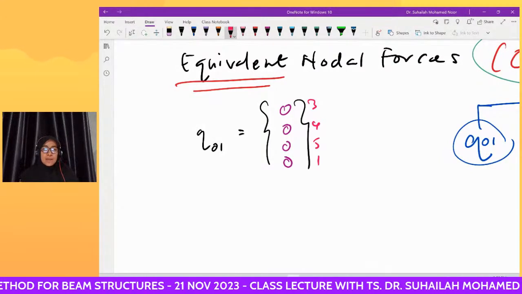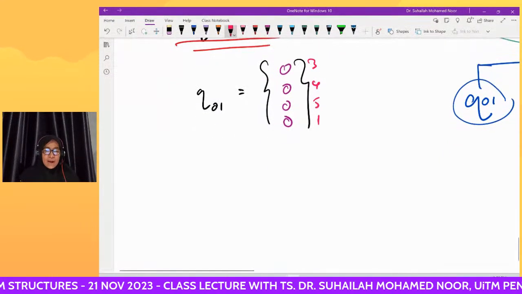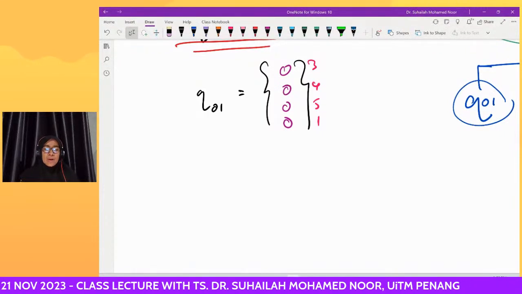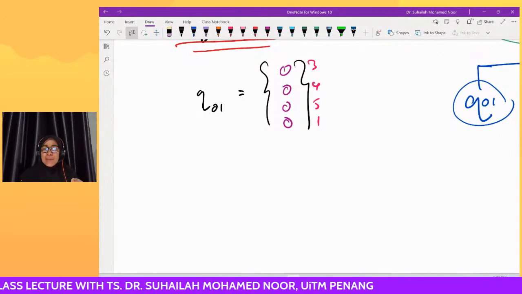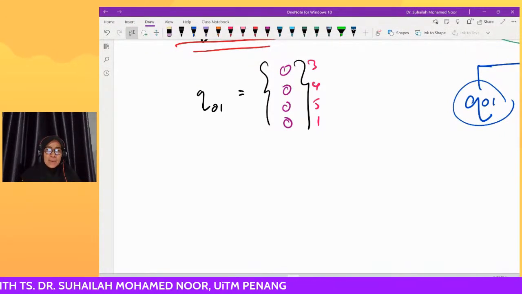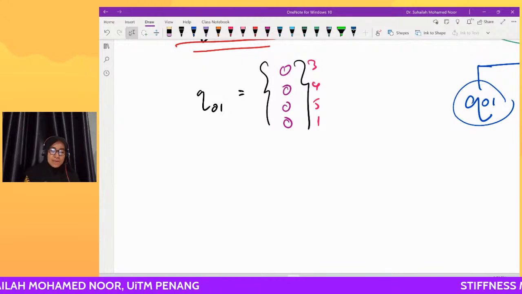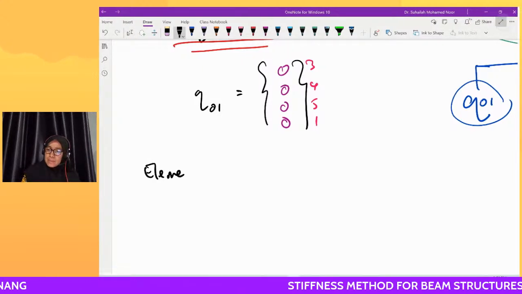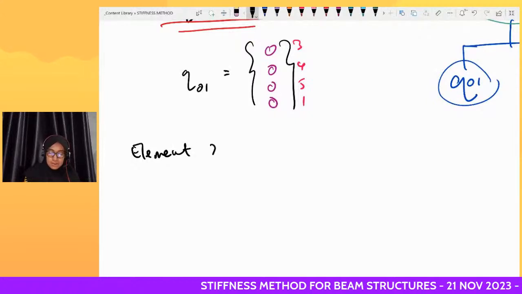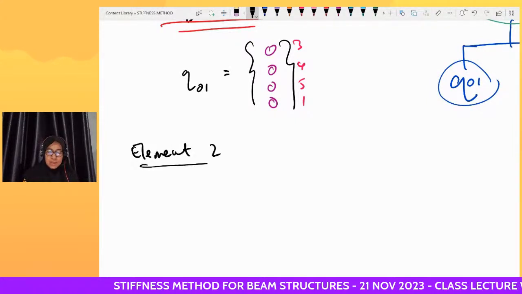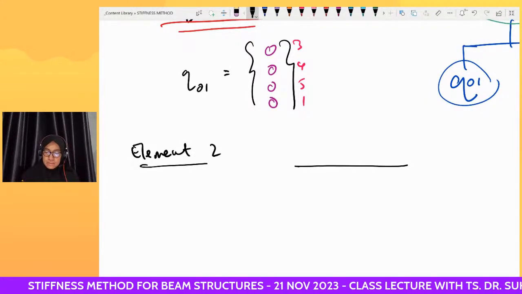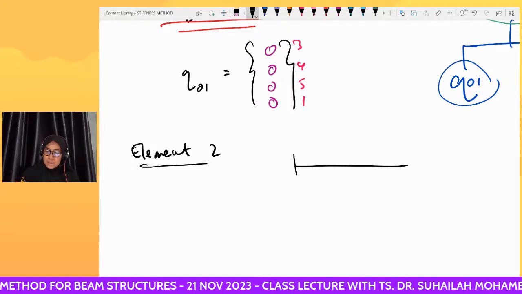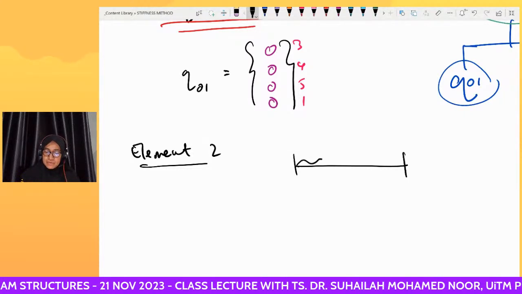So this is 3451. Okay, the value is 3451. Now we focus on element number 2. It is assumed that it is fixed.